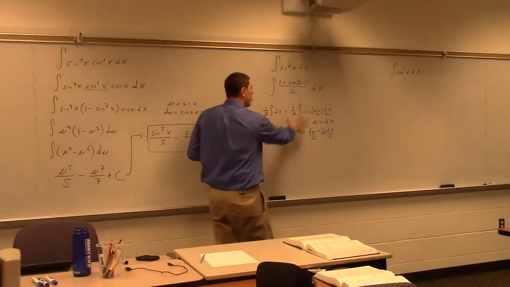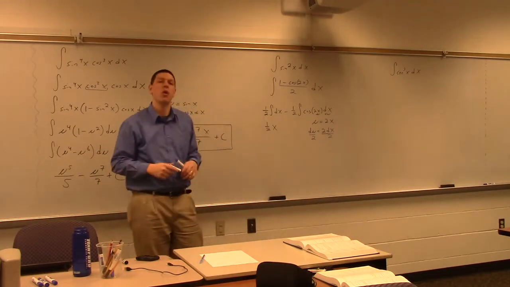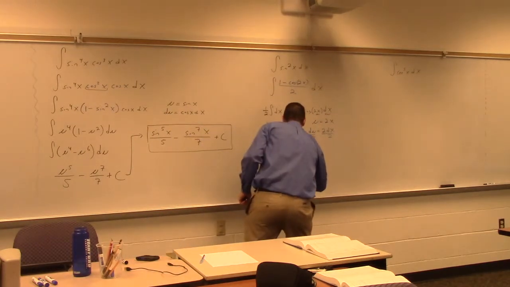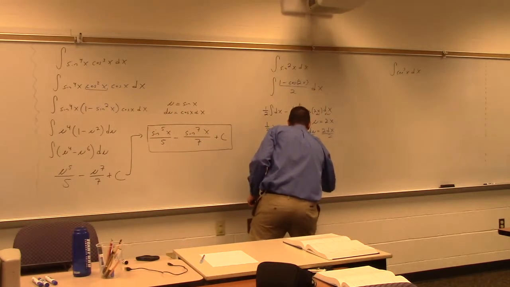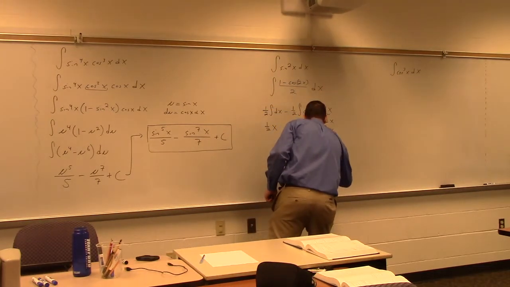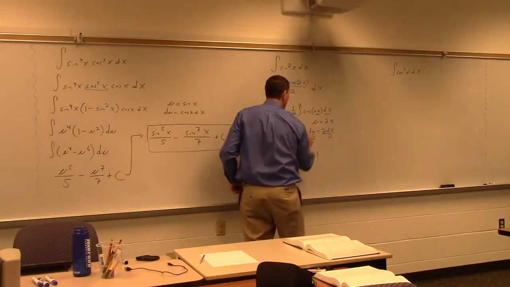So now, again, I always just focus on the harder integral, and then I just leave the rest of the stuff, as we saw before in the videos with the integration by parts. I get minus 1/2 integral cos u, and then instead of dx, dx is the same as du over 2.